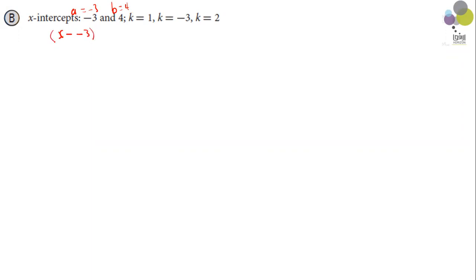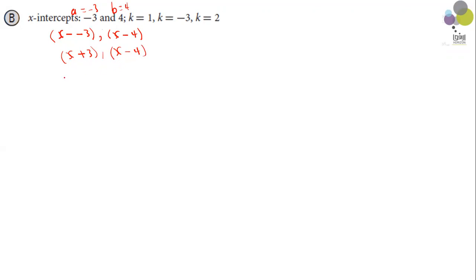The second linear factor will be x minus b. What is b? It is 4. So x minus a, this is a. So the first linear factor is x plus 3, and the second linear factor is x minus 4. Okay, so this is the first linear factor, and this is the second linear factor.